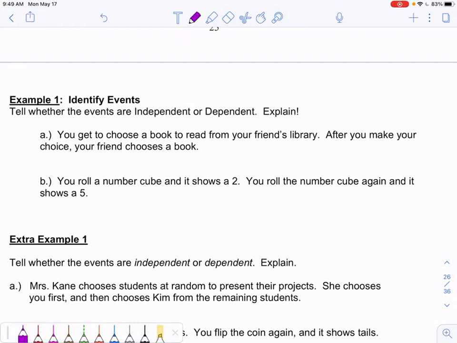No, because you're going to pick that book and you're going to read that book. So you don't have as many books left on your bookshelf and your friend can't pick that same book. So this is called dependent. If you choose a book first, there is one less book to choose from.